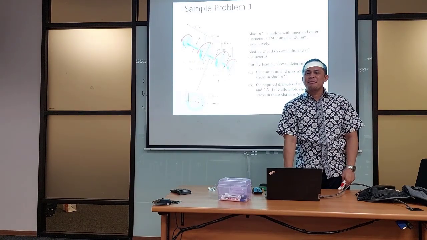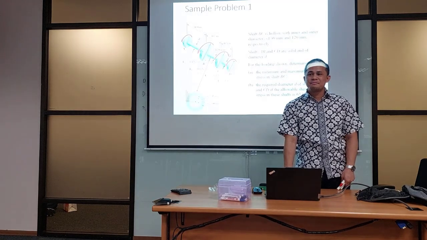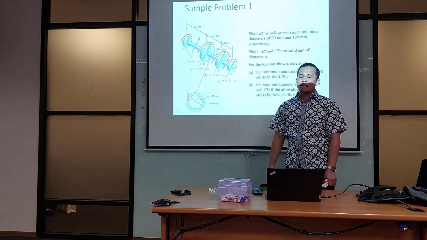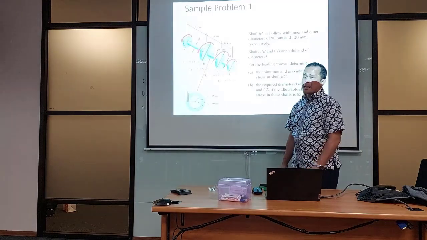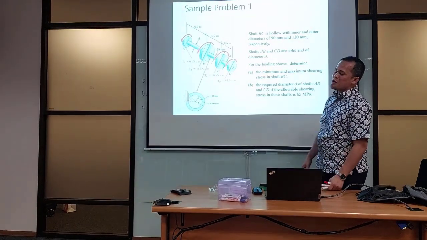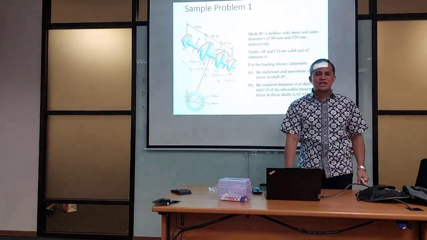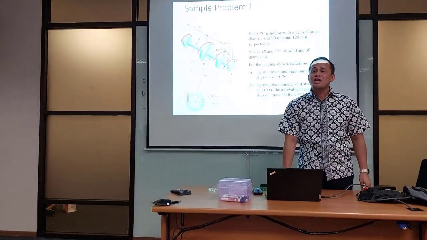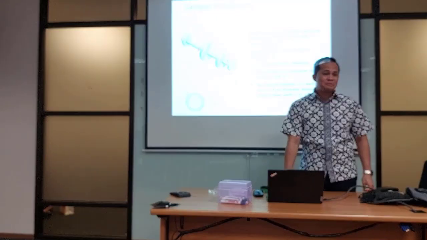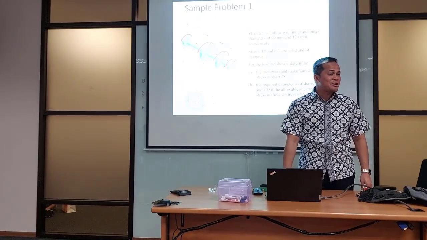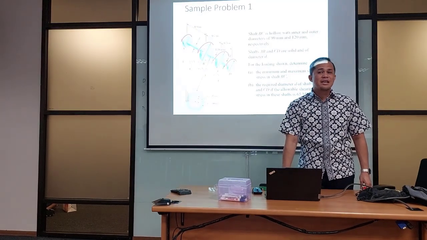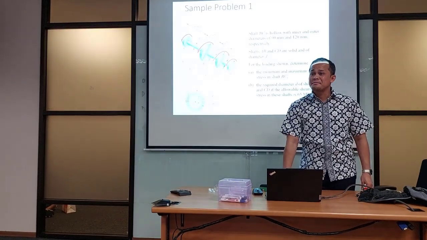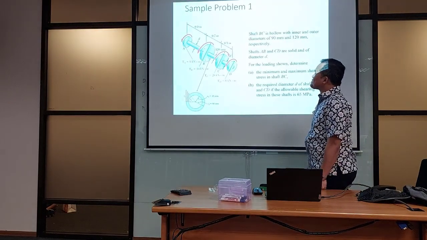So Nabil, tell me which torque is positive and which torque is negative. A, B, C, D, tell me. A, B, and D are positive, C is negative. Why? Remember the convention: counterclockwise is positive. So at which locations is the torque counterclockwise?